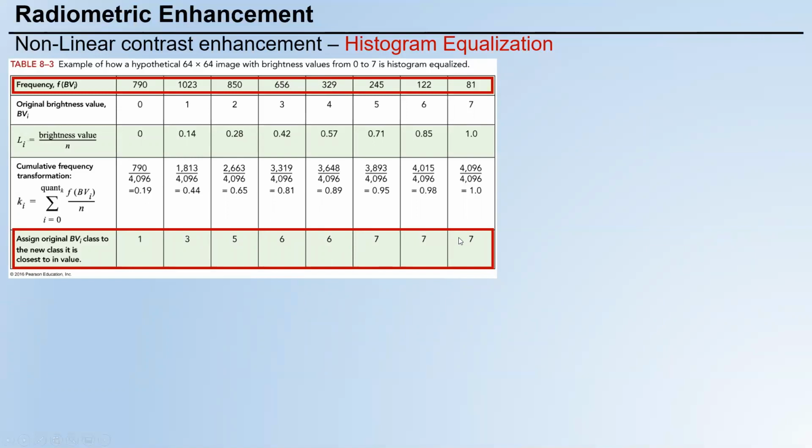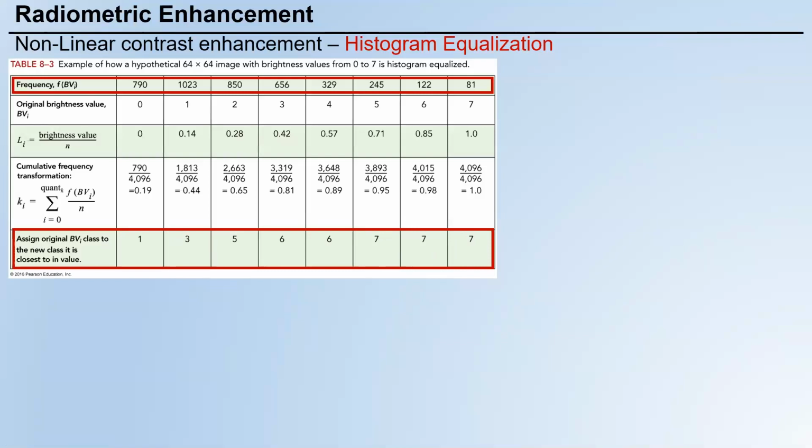Similarly for 7, in the new image, class 7 actually covers 3 original classes. All these pixels in the original 3 classes are now in 1 class, class 7. They all have a value of 7 right now. So there is no class 2, no class 4, and no class 0 in the new image. How about them?